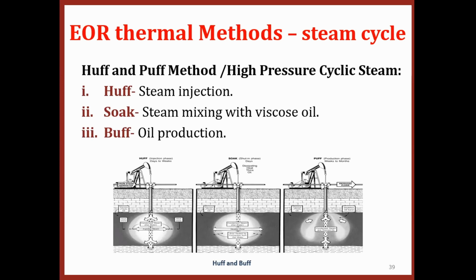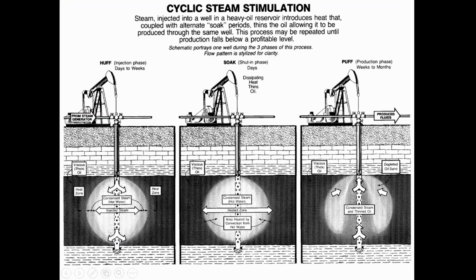Some oil fields in Kuwait also use cyclic steam. Maybe later on in north of Iraq, we have some heavy reservoirs such as Najma and Ayara. They could use the same technique. So the huff and puff is very useful and important.